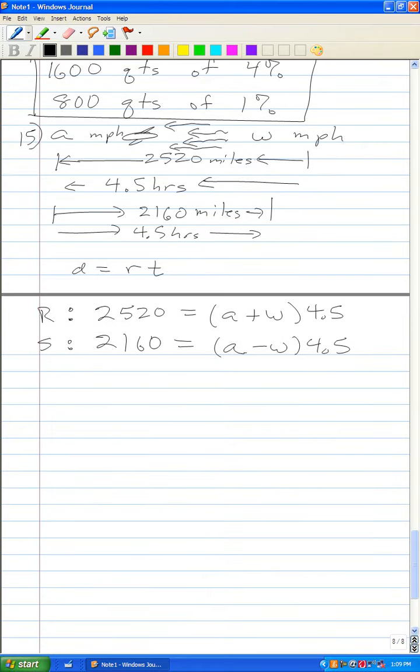And so let's add these together and let's see what happens. So that's 4,680 is equal to a plus a, which is 2a, times 4.5. The w's cancel. And so I have here that 9a is equal to 4,680. Divide both sides of my equation by 9.